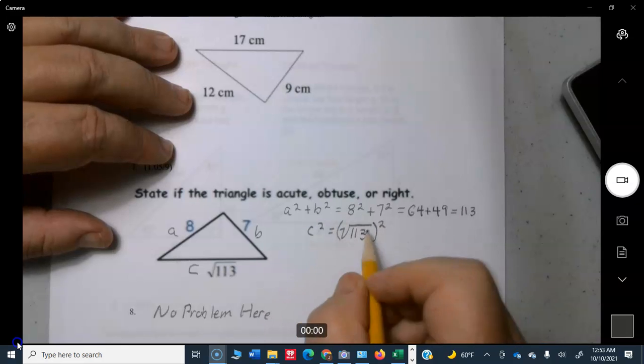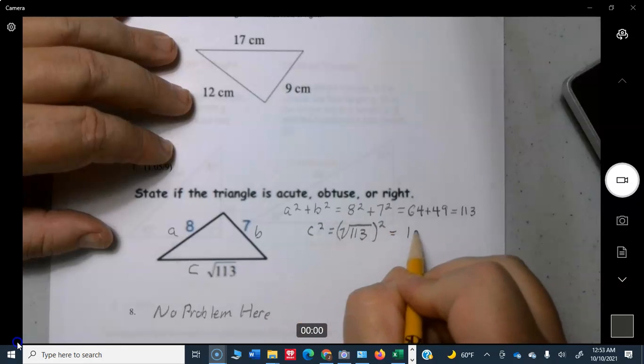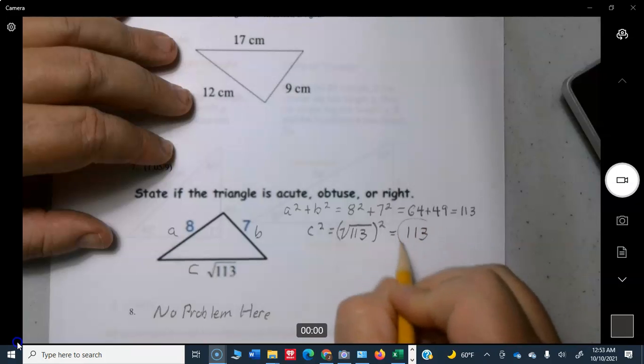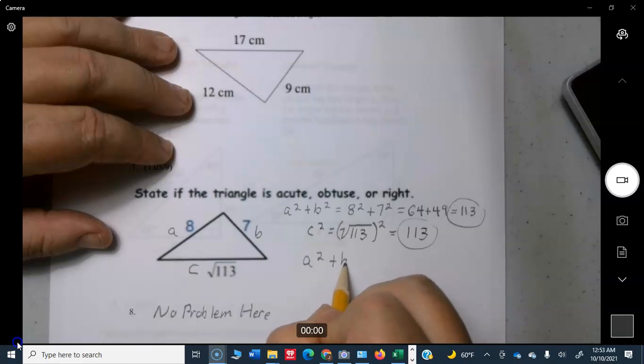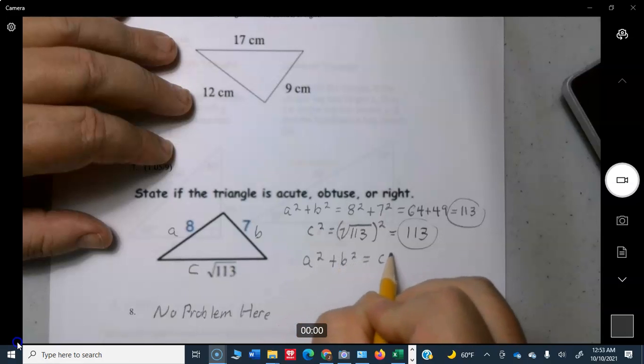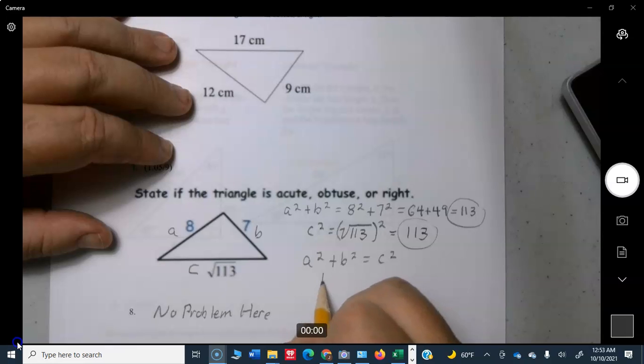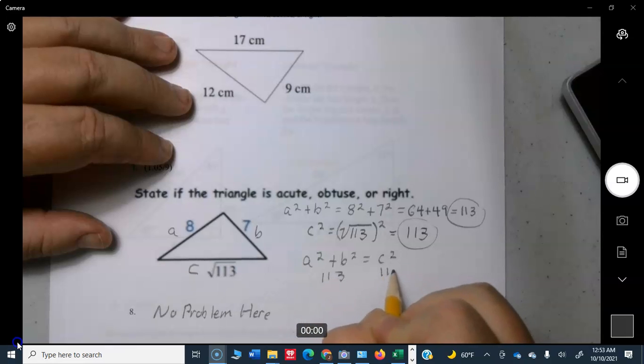Again, you have an inverse, a square and a square root, so that equals 113. So they're equal. So a squared plus b squared equals c squared. I'll go ahead and put that down here, 113 and 113. So that is a right triangle.